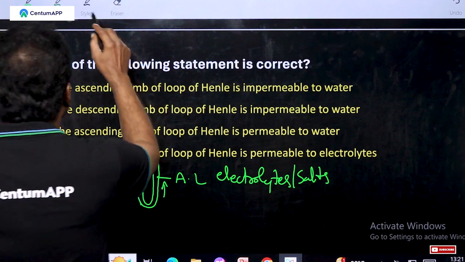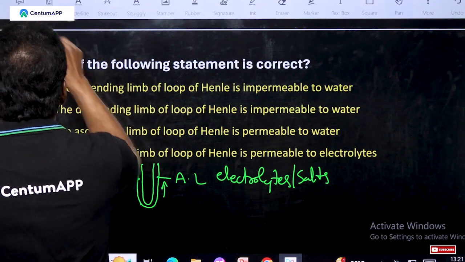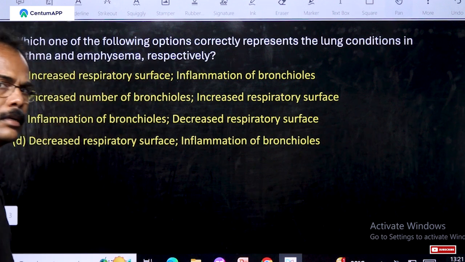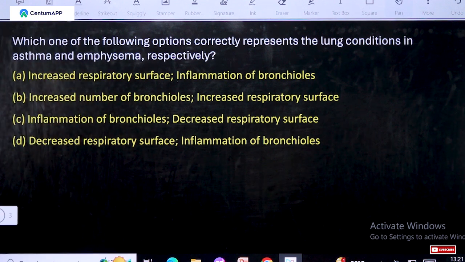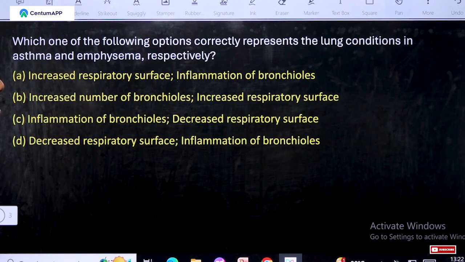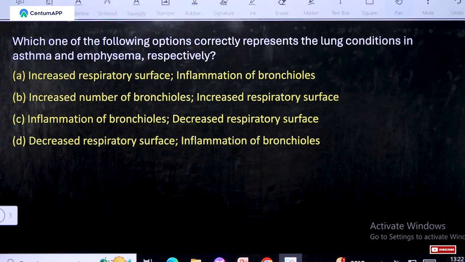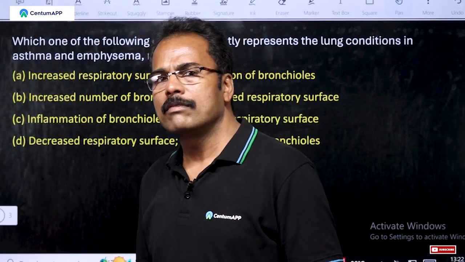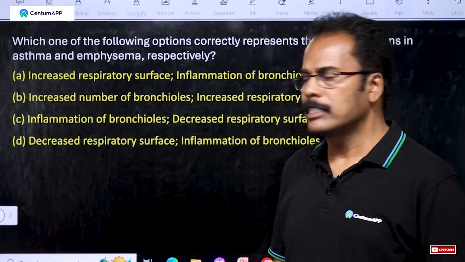The next question: which one of the following options correctly represents the lung conditions in asthma and emphysema respectively? We need to know the characteristics of asthma as well as emphysema.